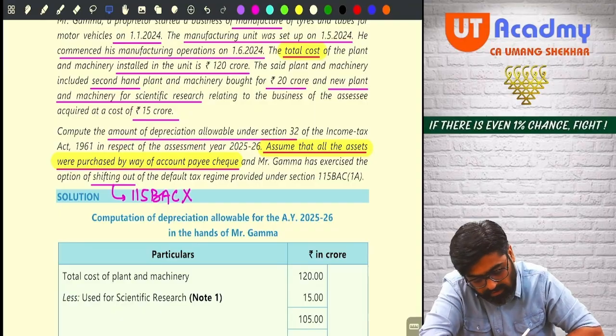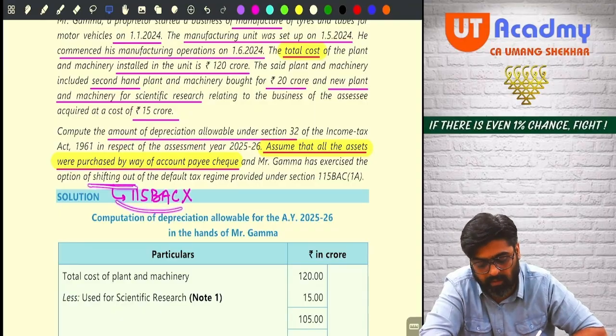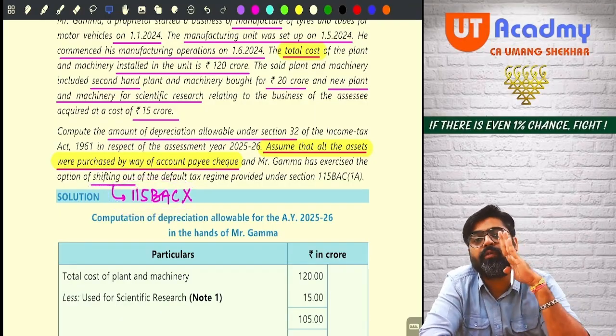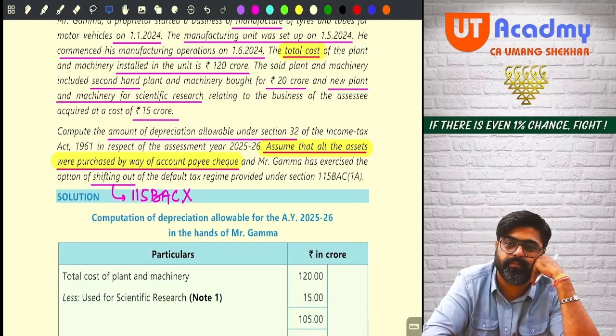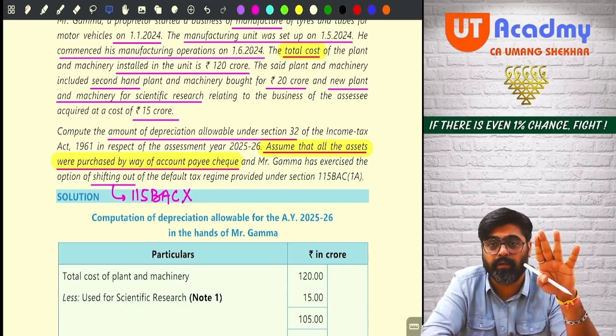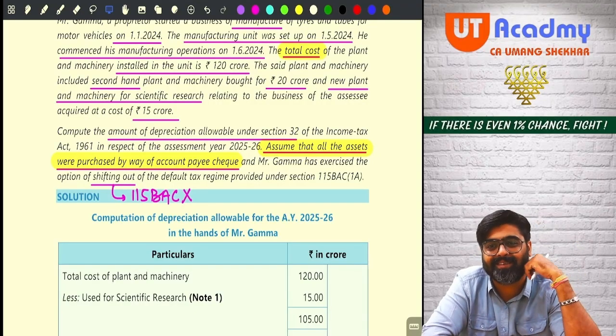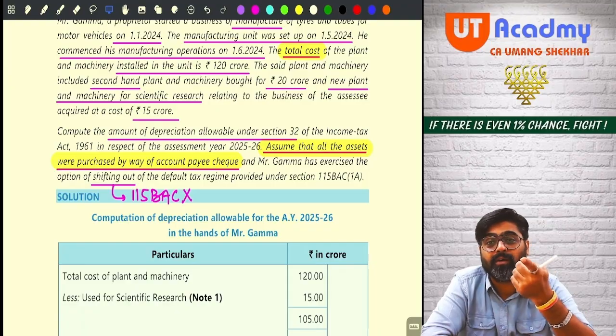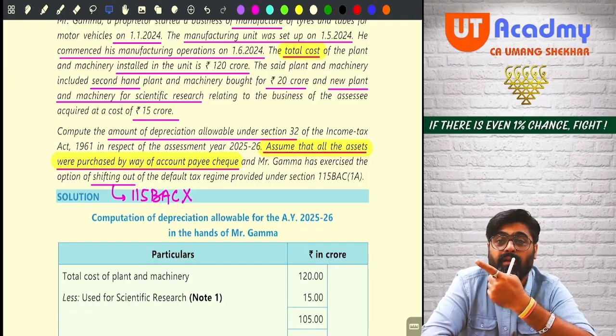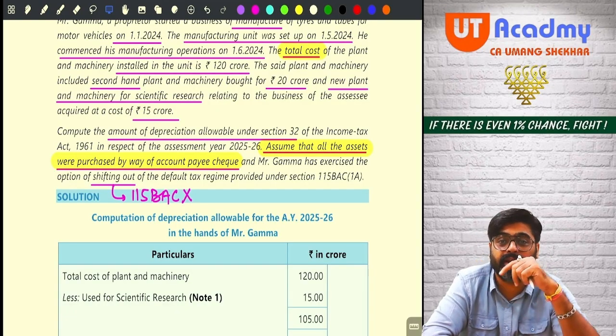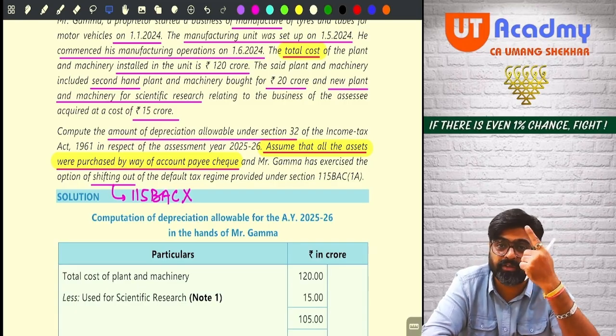Now you are shifting out of the default tax regime, meaning not following 115BAA. What if you follow 115BAA? Will you get normal depreciation? Yes. Normal is not denied, but you will not get any additional depreciation. So in the first question, why did we take the additional depreciation? There also he was shifting out.